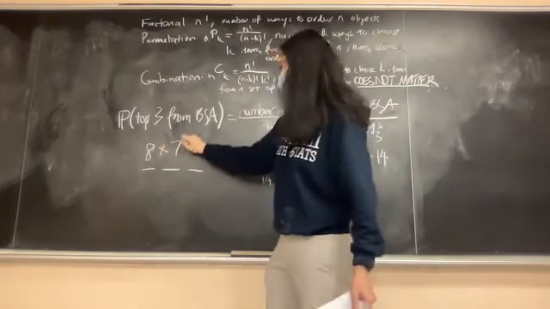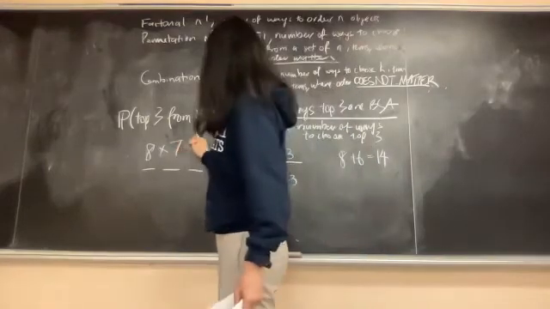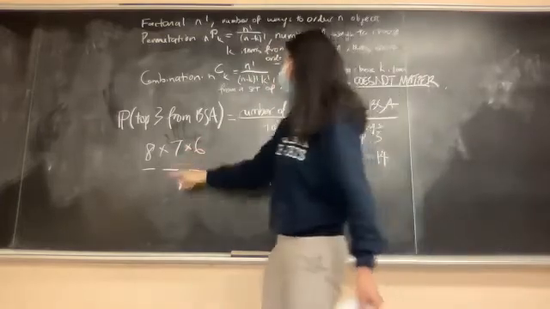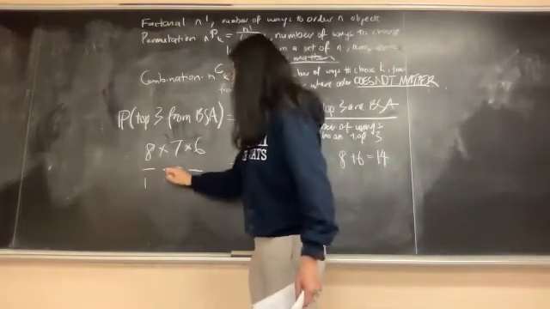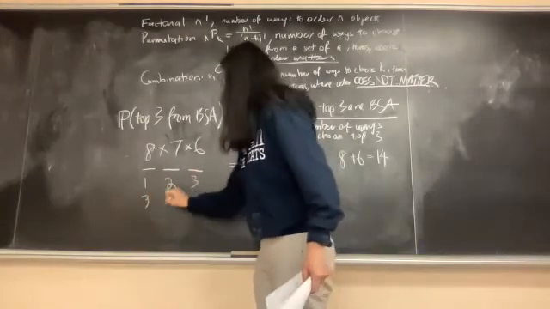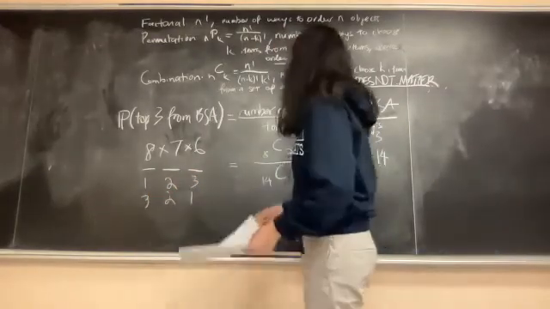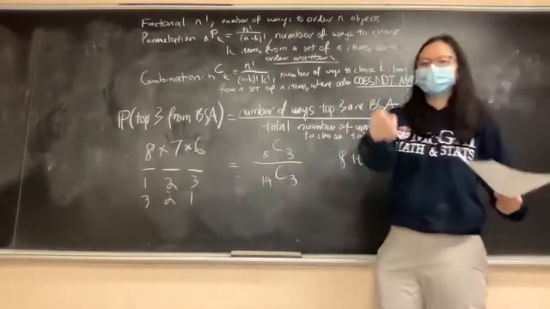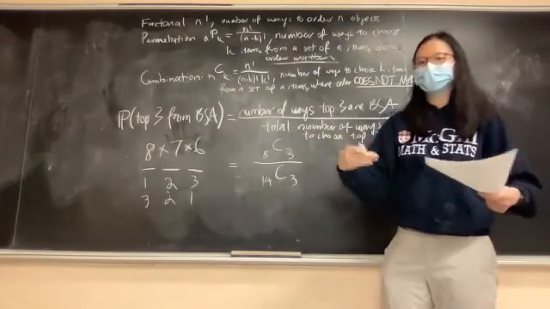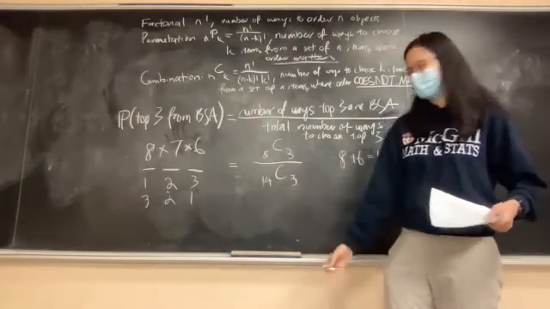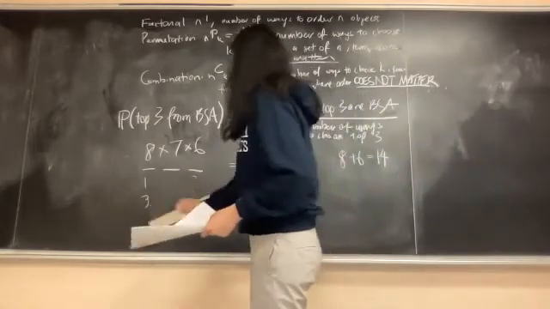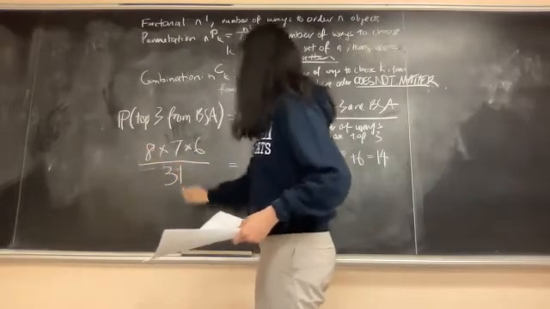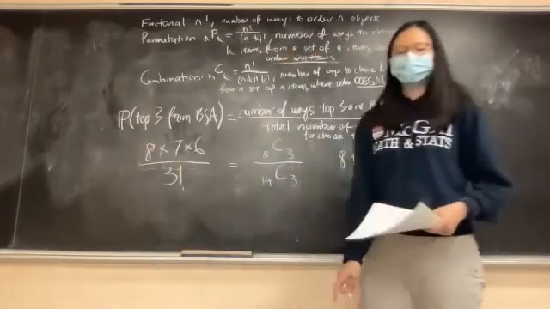So over here we have 8 times 7 times 6. But not only that, we want to remove the difference between ride 1, ride 2, ride 3, and ride 3, ride 2, ride 1, and so on, because you just want that the top 3 are in BSA. You don't care that the first one is this specific one, the second one is this specific one, the third one is this specific one, right? So then you have 8 times 7 times 6 divided by the number of ways to order them, 3 factorial. Does that make sense?